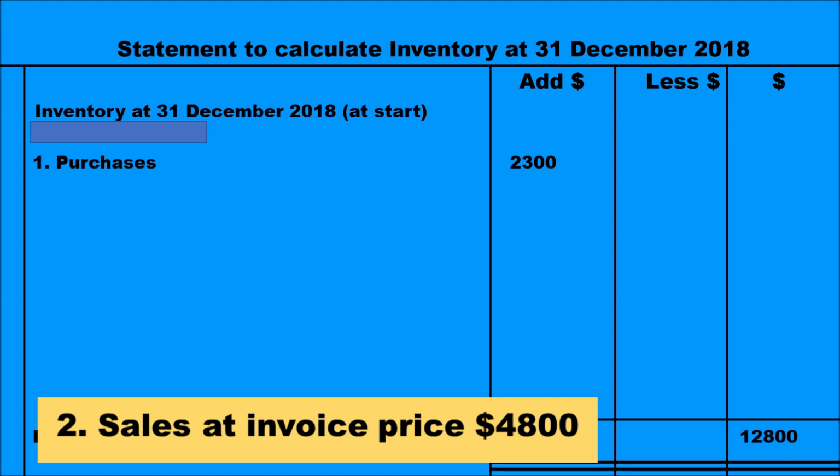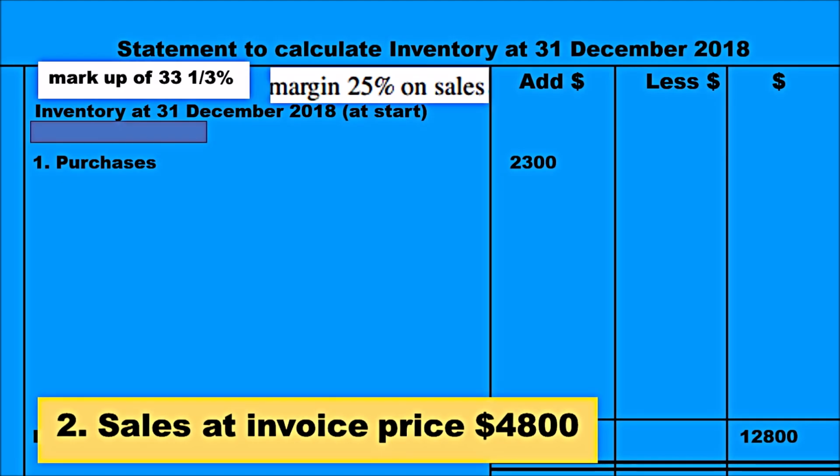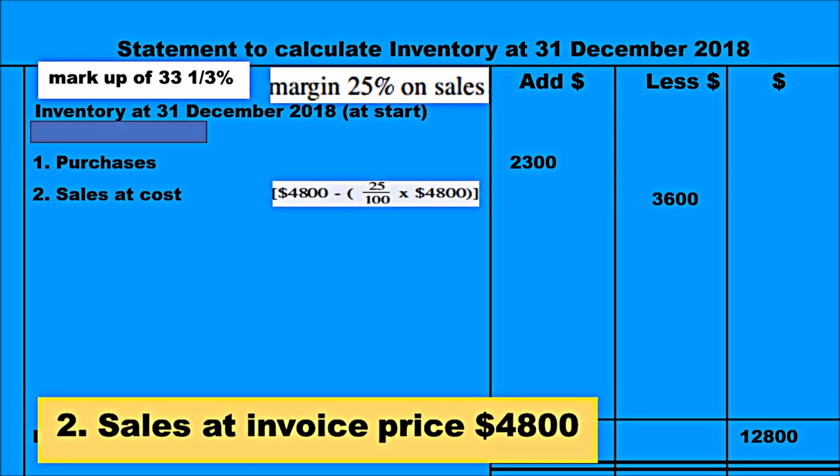Sales at invoice price, 4,800. We all know that sales can also be referred to as revenue. Since it is at invoice price, we need to use the concept of markup and margin. If markup is 33 1/3%, that is 1/3, margin would be 25% on sales, that is 1/4. Hence, sales at cost, after deducting the margin, would be $3,600, which we record in the column to deduct.